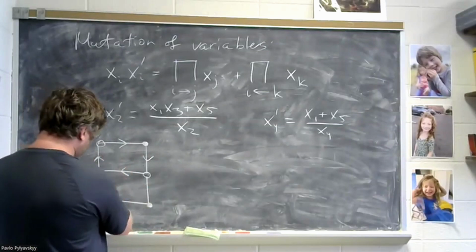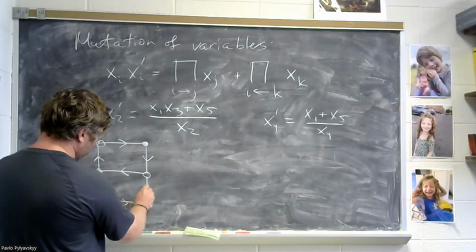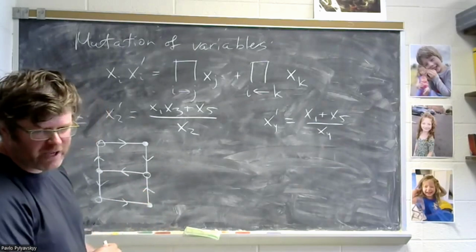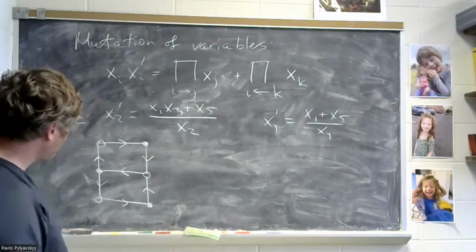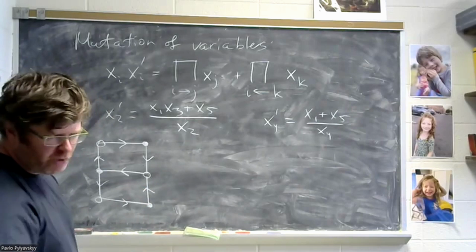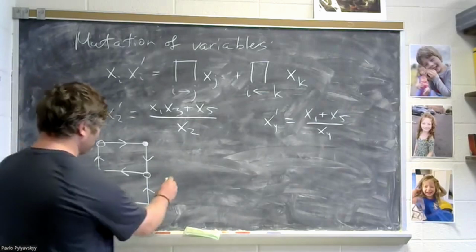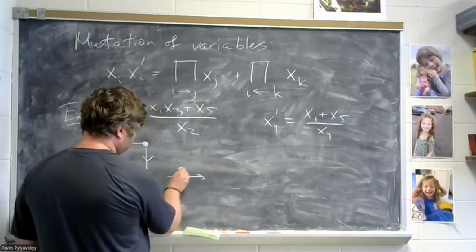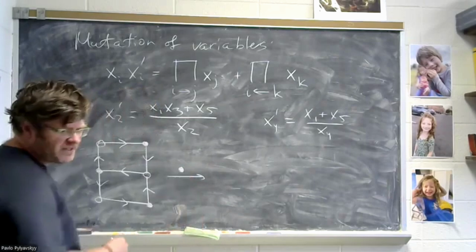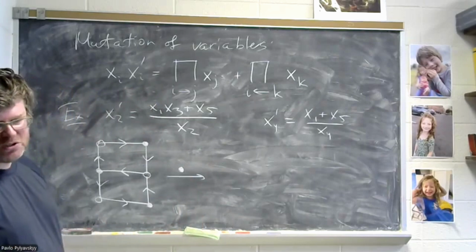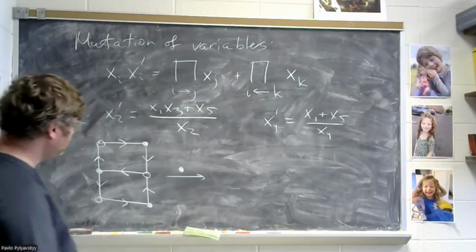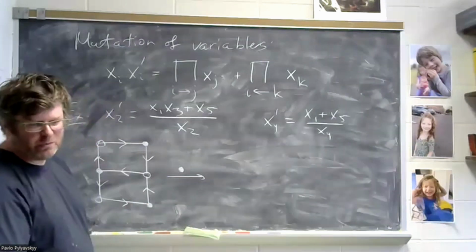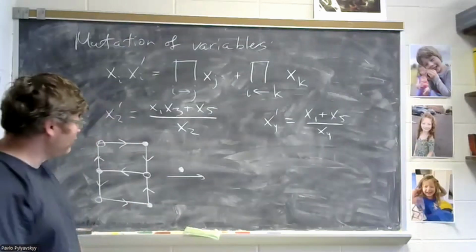Not all edges go black to white. Some edges go black to white and some edges go white to black. But what we checked is that if you mutate all black vertices, you get the same quiver, but with all arrows reversed. We checked it. Hopefully, if you were taking notes, you should have it.